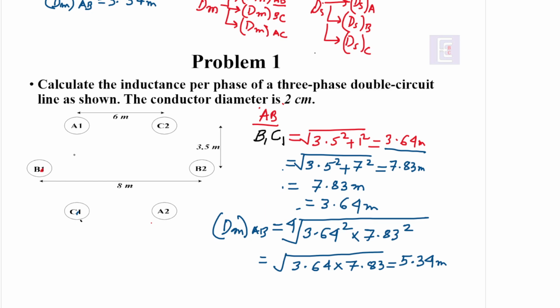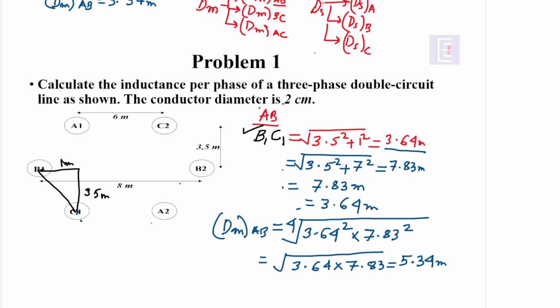This distance is nothing but 3.64, because this is 1 meter and this is 3.5 meter.